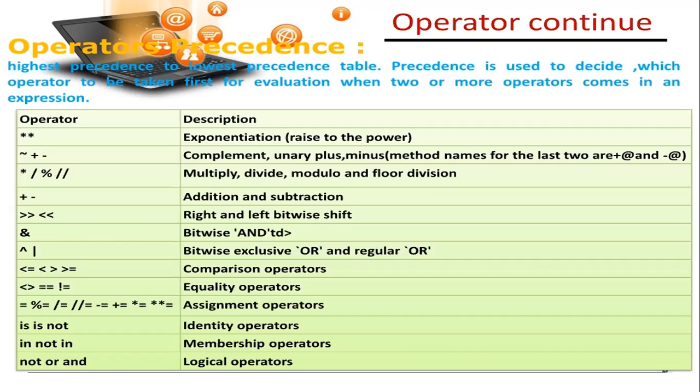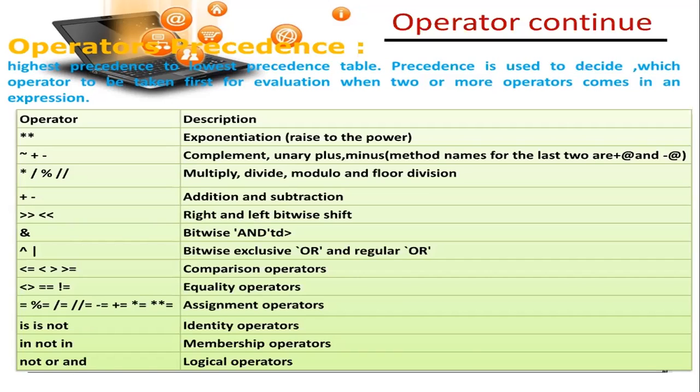Next comes the plus, minus, and the complementary. Complementary means negation. So complementary, unary plus, and minus all have the same operator precedence. Whenever there is the same operator precedence, it is done from left to right.